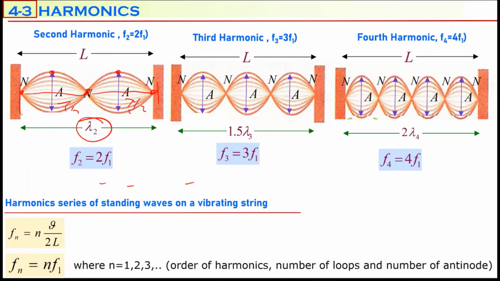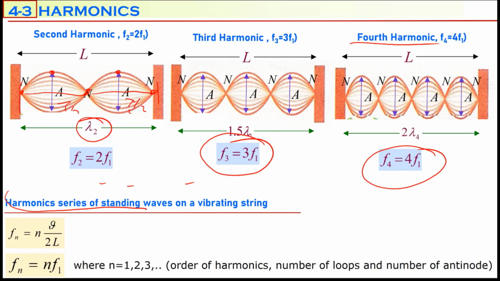And it goes on like this. The third harmonic will have a frequency 3 times that of the first harmonic. The fourth harmonic will have a frequency 4 times that of the first harmonic, or fundamental frequency. So that's why these are called the harmonic series: first, second, third, fourth, fifth, sixth. These standing waves can form at multiples of the fundamental frequency.